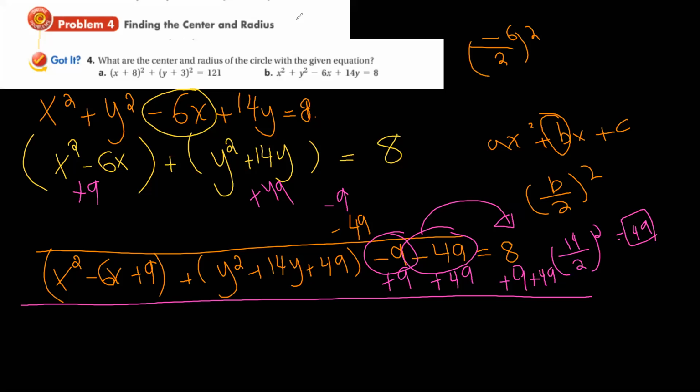If I add 9, I will put negative 9 in the same side. Oh, so in the same equation. Okay, so as we said here, x squared minus 6x plus 9 plus y squared plus 14y plus 49. I will subtract 9 and 49 since I added 9 and 49 in the first. Then after that, I will bring them to the second side.